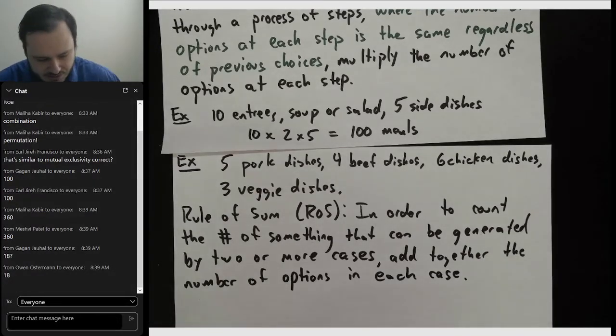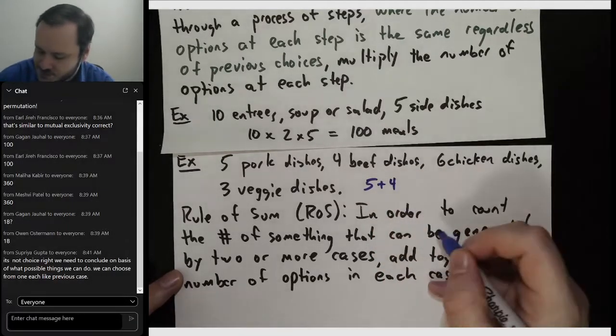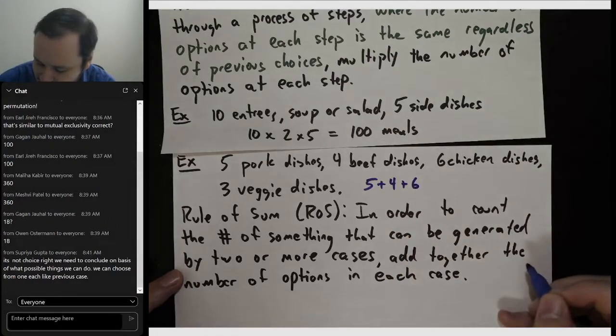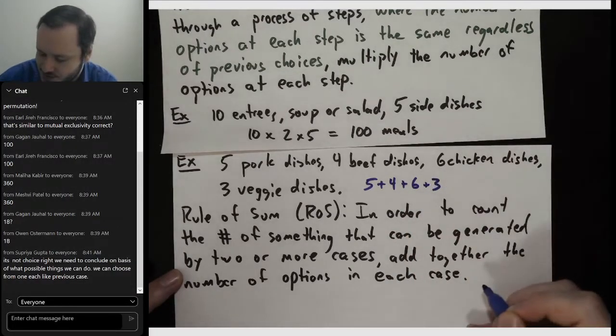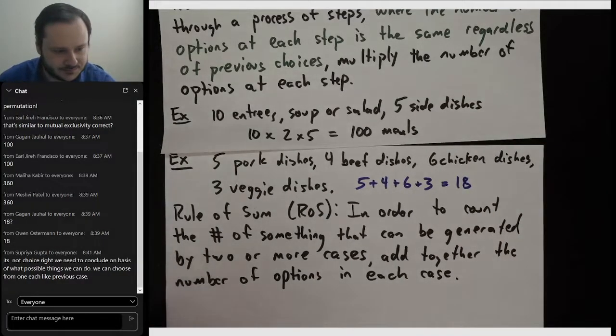So here, my total number of options is 5 options of pork dish, plus 4 options of beef dish, plus 6 options of chicken dish, plus 3 options of veggie dish, for a total of 18 options.